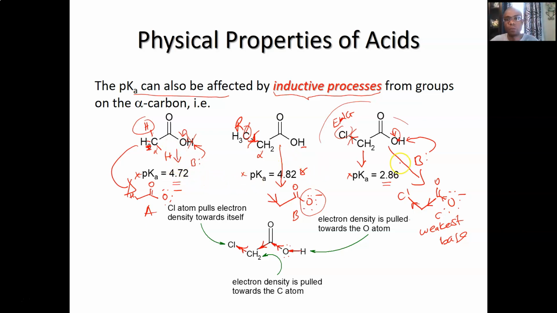So always look for what you have. Electron donating groups will make the carboxyl group a weaker acid. Electron withdrawing groups like Cl will always make the carboxylic acid a stronger acid out of the set. Not the strongest acid possible in the universe, but out of the set given to compare. Okay?